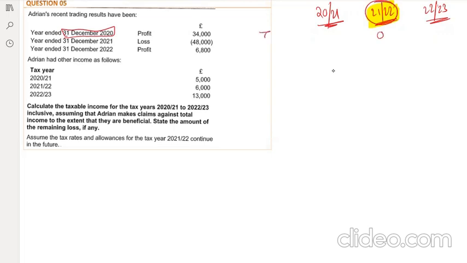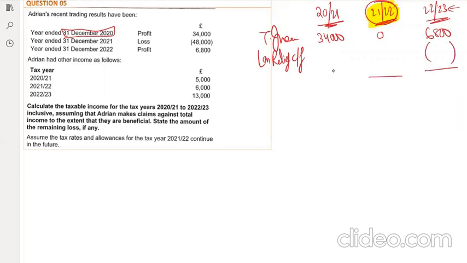So the year of loss, always writing 0 trading income. Profit is 34,000, then 0, then this. Then we will leave a space for future loss relief. Loss relief carry forward will be applied in this year only, right or wrong? And then we will write here other income, which is given, right?